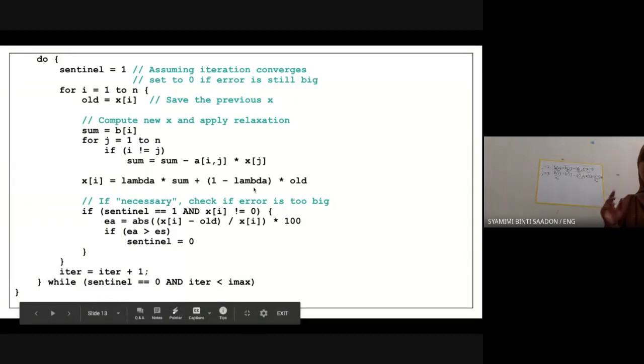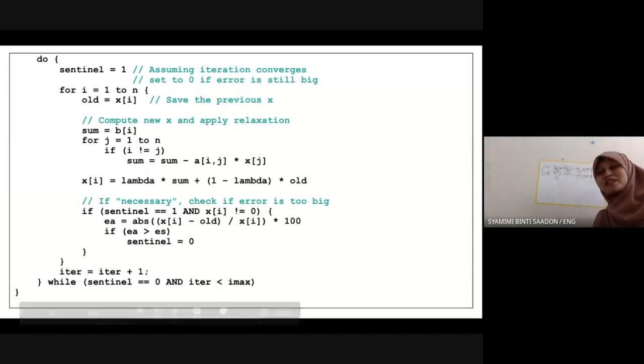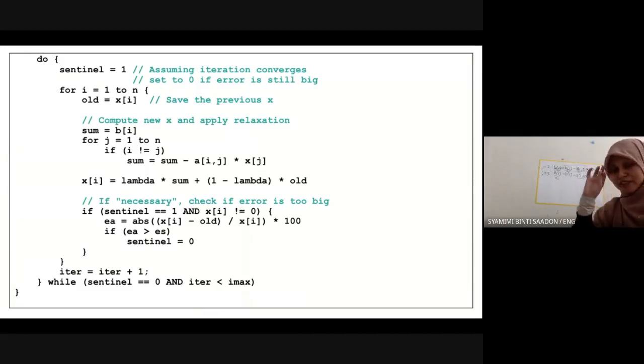Lambda is a bit like epsilon, meaning that you attenuate your calculation error so that you won't get an error that is too big. So you put lambda here in the equation for x to attenuate the possible error in your solution.